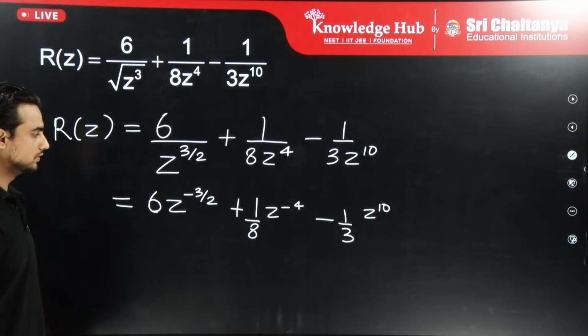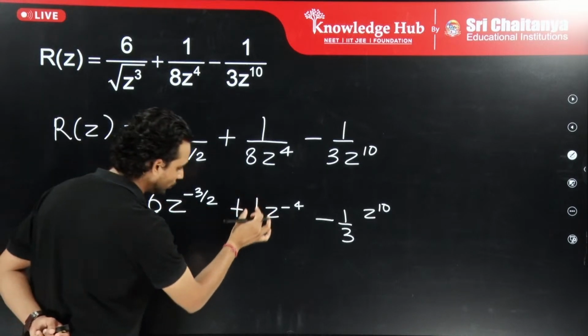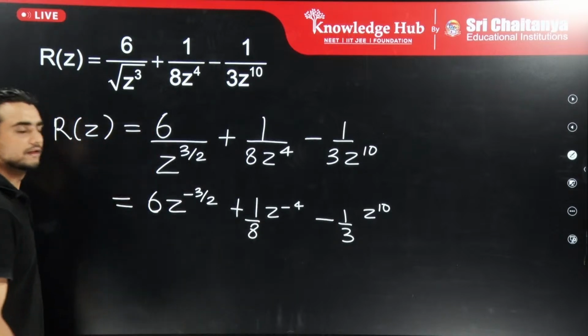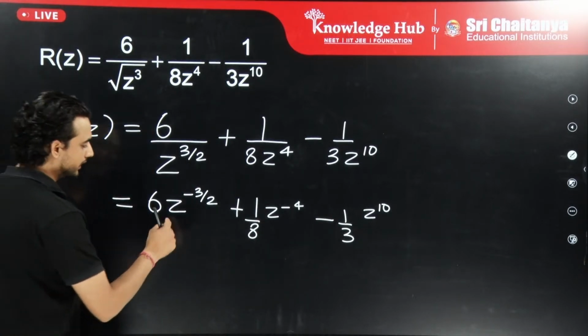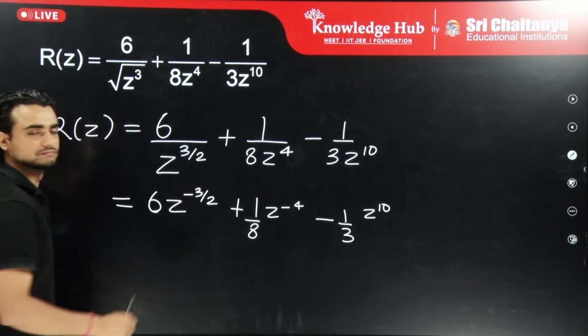Right? So now this is some constant into some function, some constant into some function, some constant into some function. And which formula can I use? I can use the power formula, right? z raised to n.